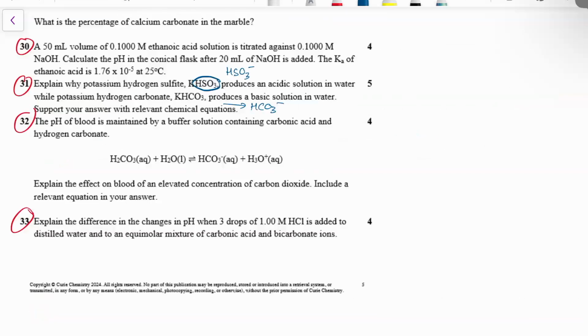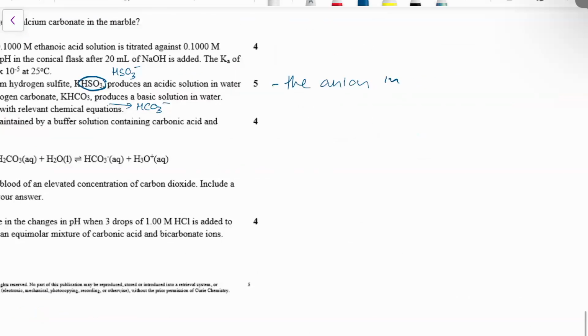We might say the anion, because when we go to write our equation, it's not in terms of the potassium. We singled out the HSO3 and the HCO3. So before I even go into my answer, I need to lay out a picture for the marker. The anion in KHSO3 is HSO3 minus.